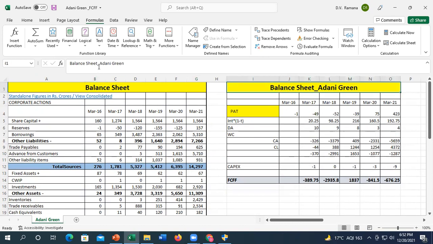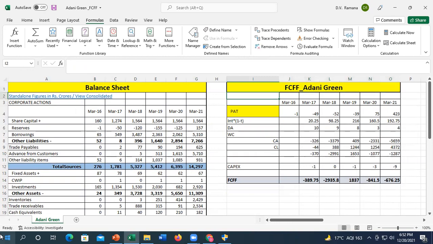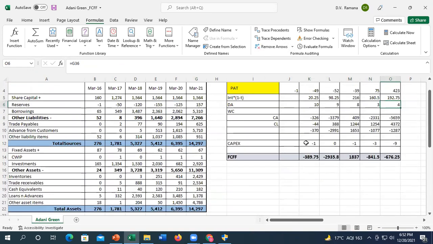Okay, we'll call this not balance sheet, but we'll call this FCFF. And the depreciation and amortization are the non-cash items from the income statement. We are adding it back because they have been deducted while computing the PAT, and depreciation is a non-cash item. Similarly, the changes in working capital, which is change in current assets and current liabilities other than cash.